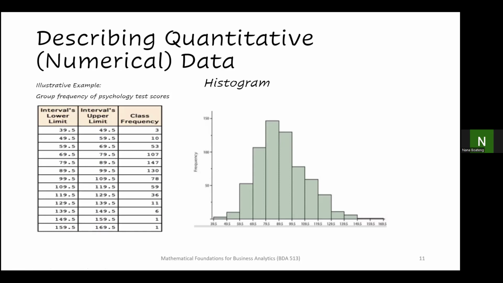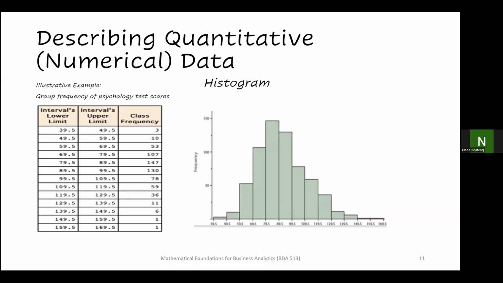We could just put all of them into 3 main groups: 39.5 to 89.5, then 89.5 to 139.5, and then 139.5 to 169.5. So we are just going to have 3 bins. Though it gives you the groupings, you will not be able to see how these numbers are distributed.